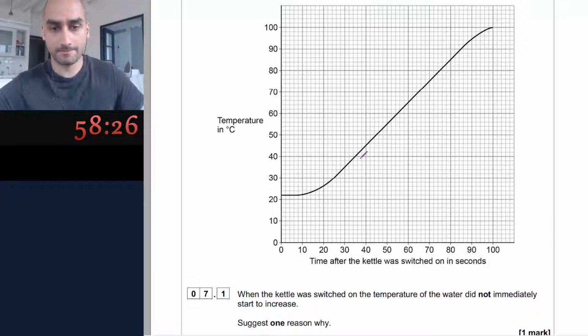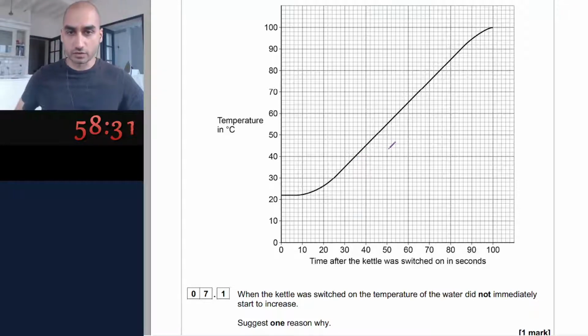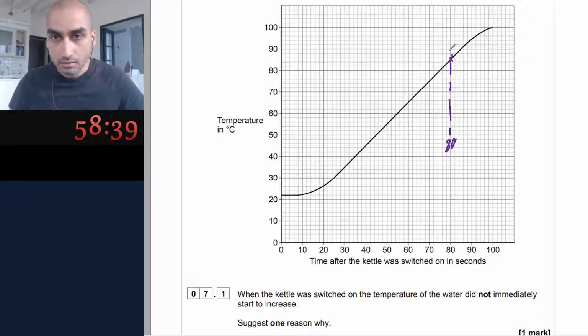So let's pick some points here. Let's say I want to find the gradient basically. So I want to say this point here. So that's 80 and that's 85. Let's say here 50.